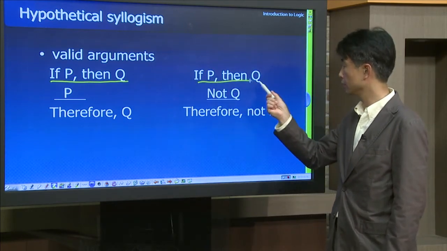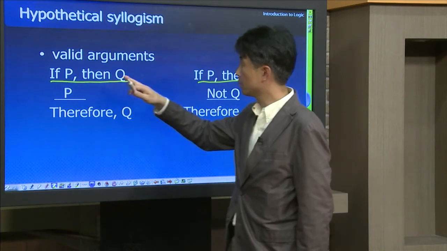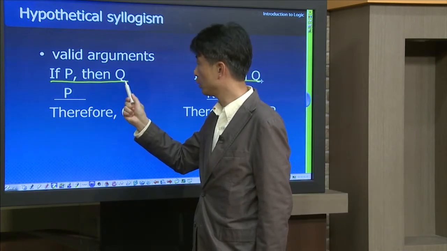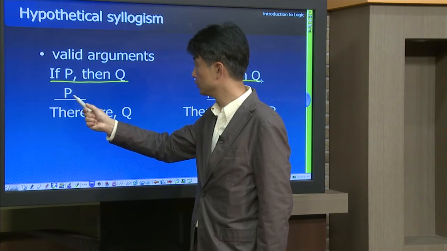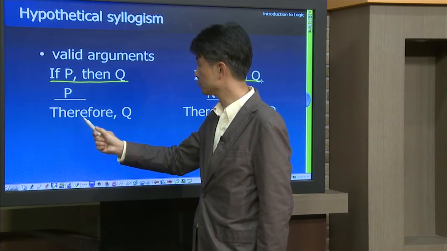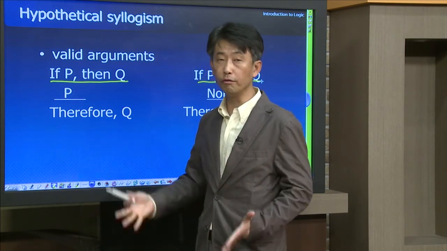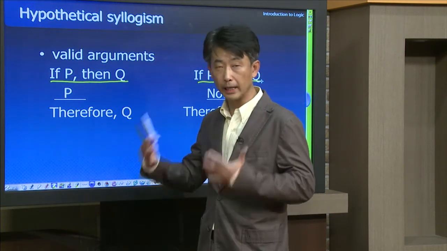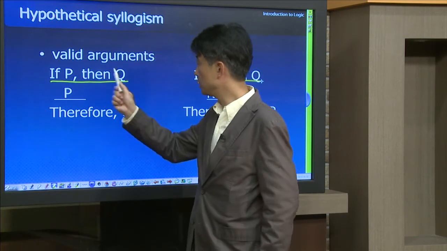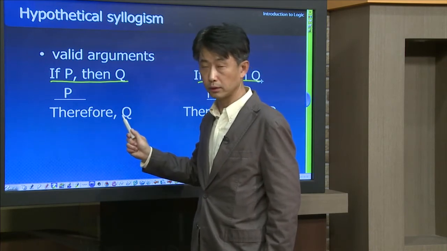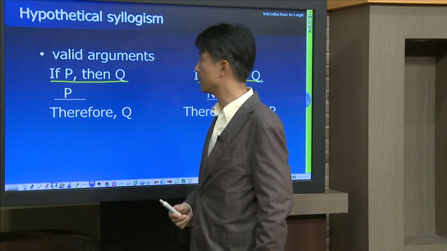Here is a hypothetical proposition: if P then Q, and we also know that P is true, then it follows that Q is true. Again, it's obviously valid. If P then Q, P is true, then of course Q is true. A very familiar type of valid argument.